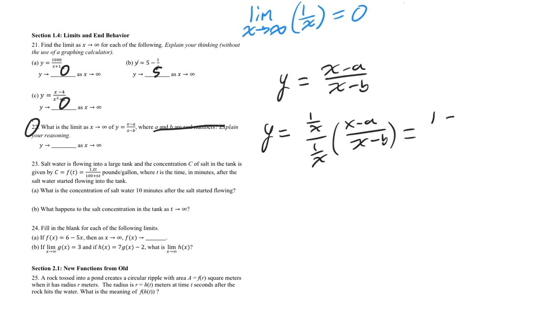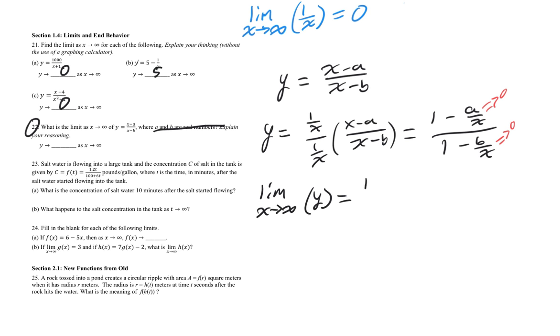This would give us 1 minus a over x over 1 minus b over x. And now, since a and b are real numbers, these terms will be approaching 0. So that means when we take our limit as x approaches infinity of this function, we'll get 1 minus 0 over 1 minus 0, and that just equals 1.